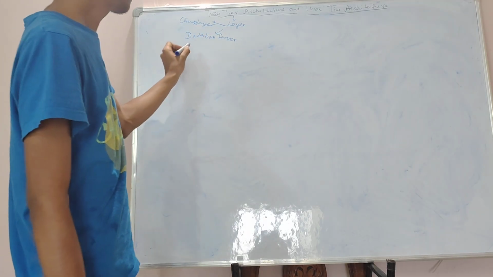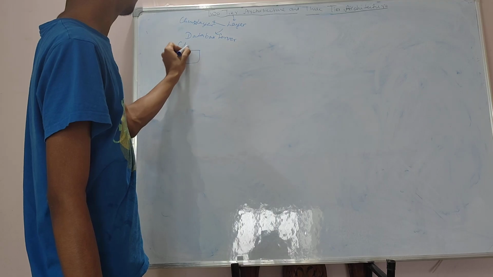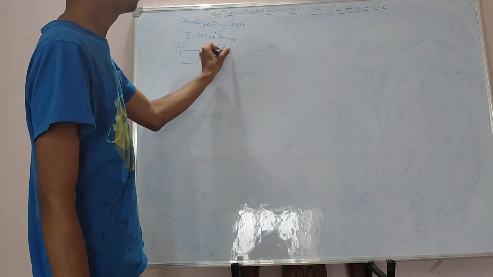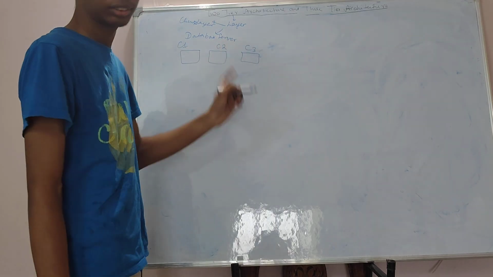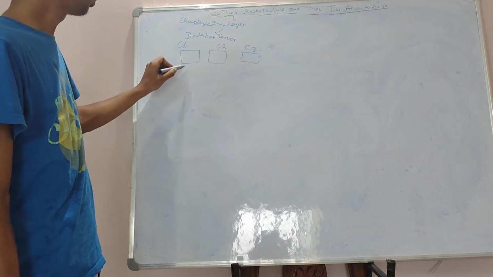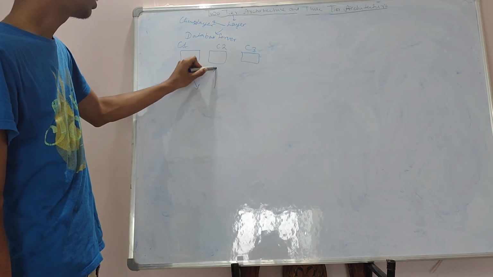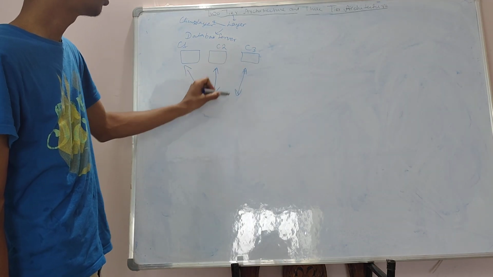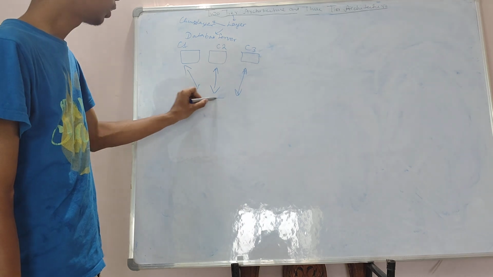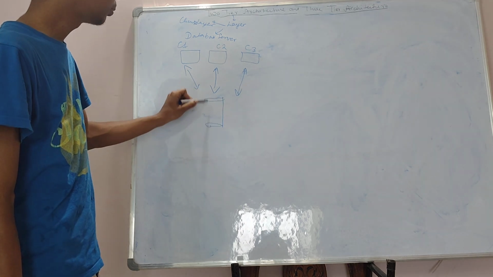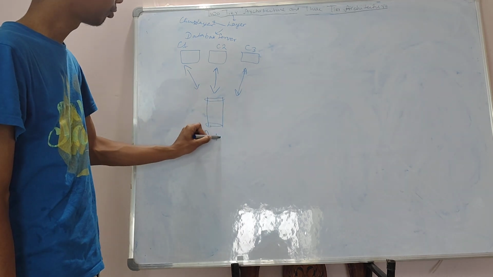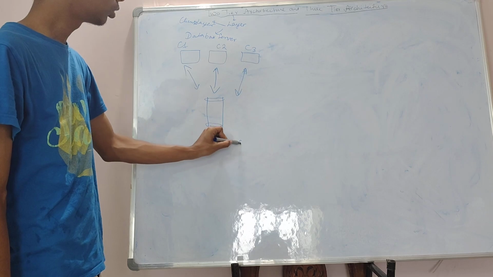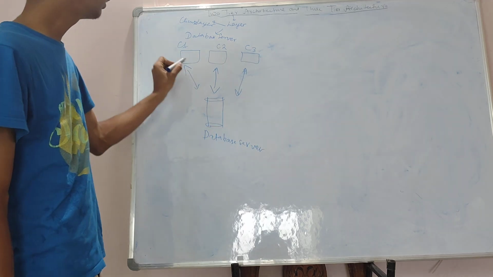Suppose these are my clients, client 1, client 2 and client 3. Right. And these are connected with the database server with the help of an interface.